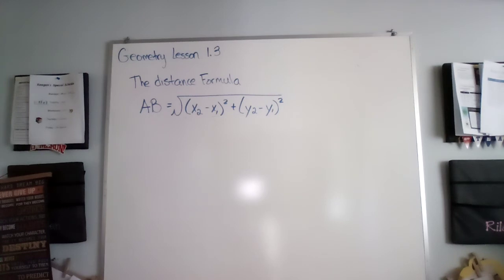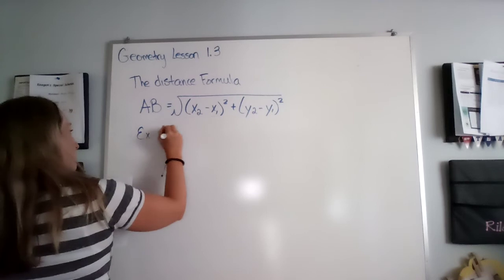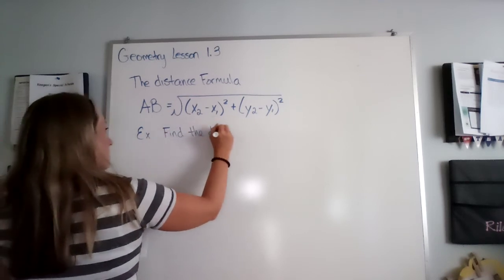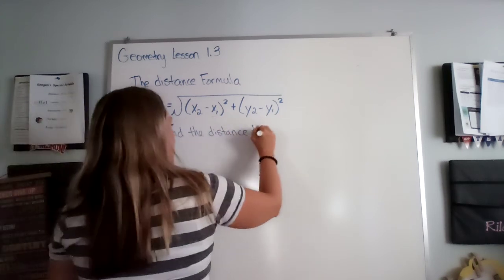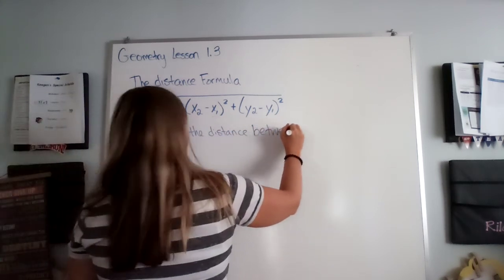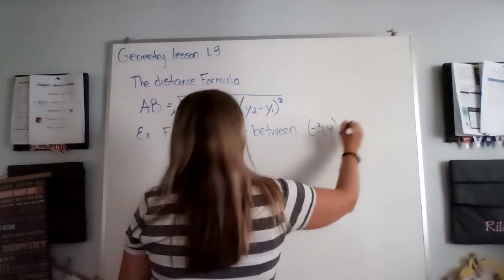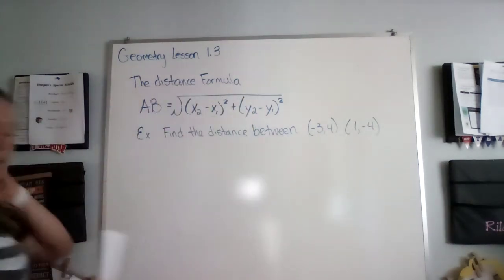So for an example, find the example I wanted to. Here we go. If I say, find the distance between -3, 4 and 1, -4, okay?